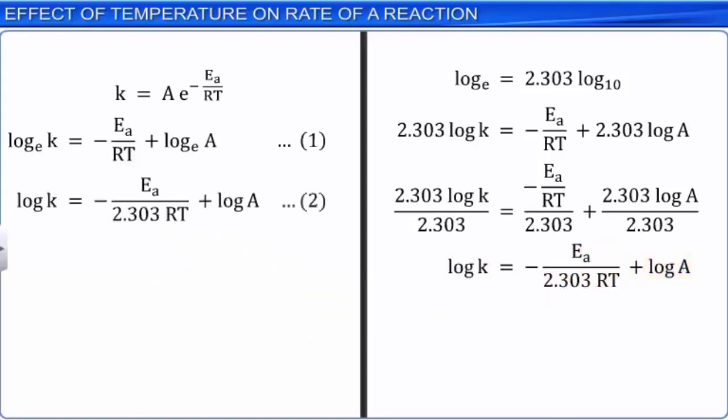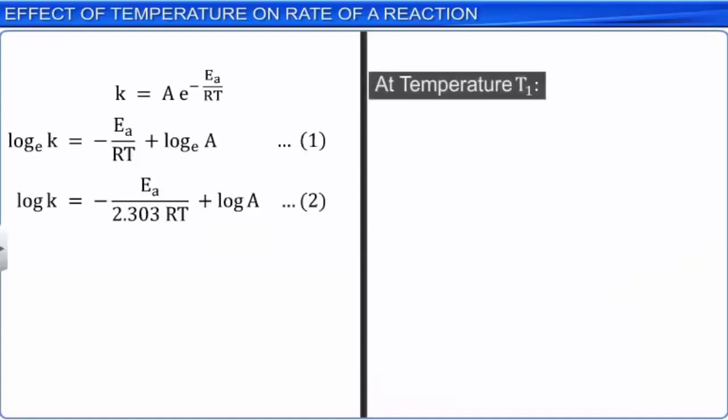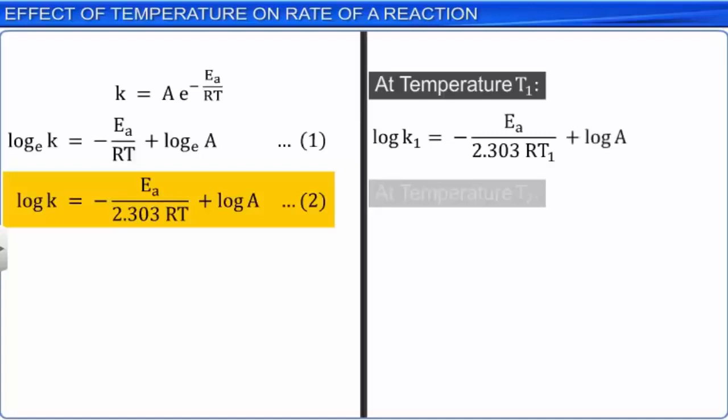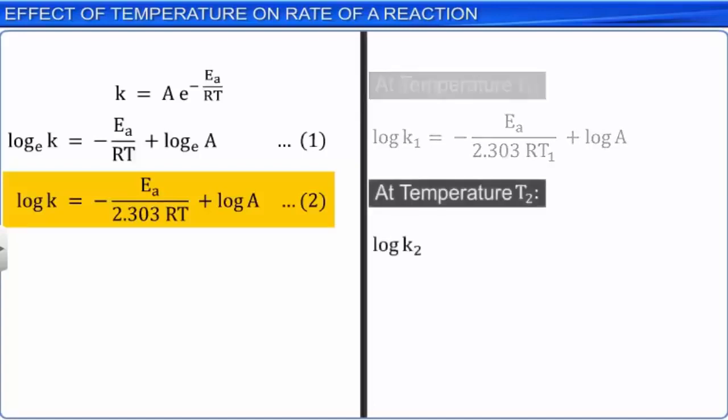At temperatures T1 and T2, equation 2 becomes log K1 equals minus Ea divided by 2.303 RT1 plus log A, and we get log K2 equals minus Ea divided by 2.303 RT2 plus log A. Let these equations be 2A and 2B respectively.